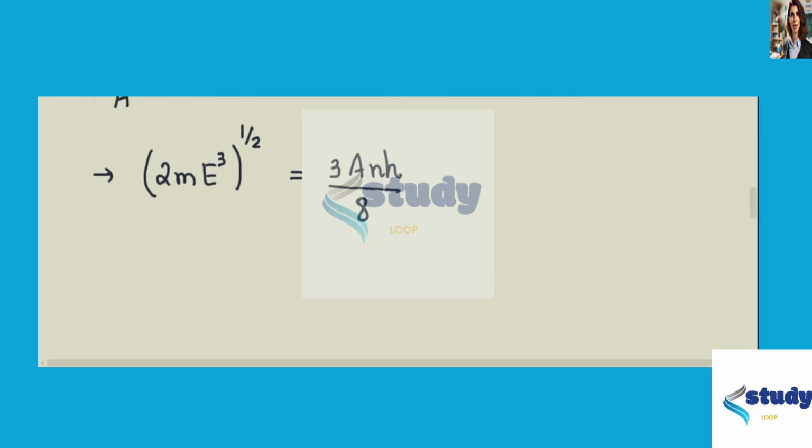So we get that E cubed is equal to 1 over 2m times 3Anh over 8 squared.